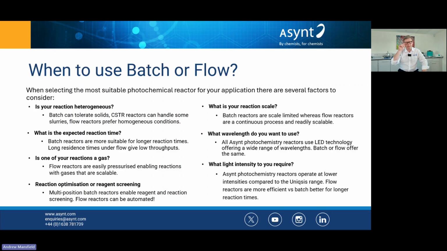Light intensity is a consideration. You might have a reaction that degrades under high intensity light. You might want high intensity for scale up and more efficiency.